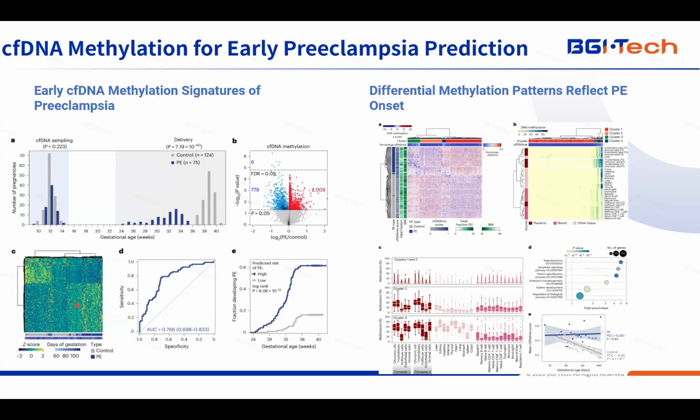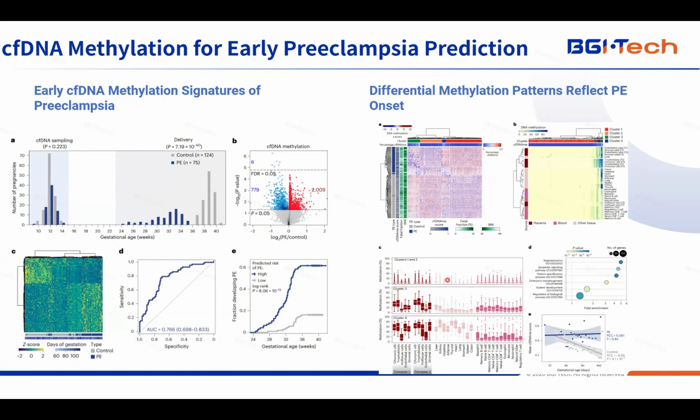The results show that cfDNA methylation signatures around 12 weeks of gestation could identify women at high risk of developing PE. Interestingly, the methylation signatures detected during the first trimester differed from those observed at the time of PE diagnosis, suggesting dynamic epigenetic changes during disease progression.